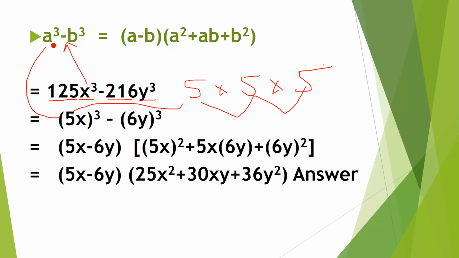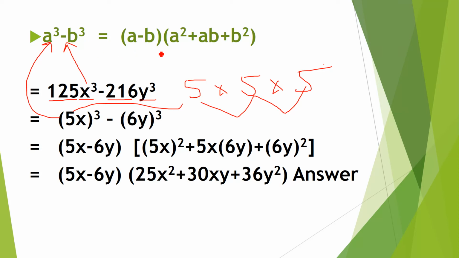Now it is the same as we have this formula, a cube minus b cube. So we have 5x cube. I told you that this is the general formula. Instead of a and b, you can have any integer, any variable. So here we have 5x instead of a and 6y instead of b.